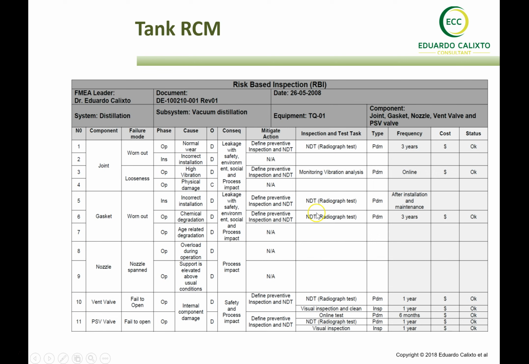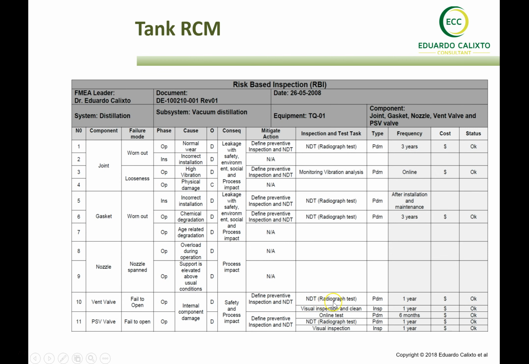Okay, so we have some radiography tests also for the gaskets after installation and maintenance, and then every 3 years. And here we can see vents and PSV valves. Failing to open is the main issue, caused by some internal component damage. So we need to look at the integrity of such valves and vents.